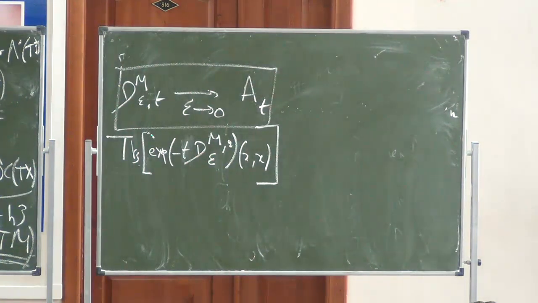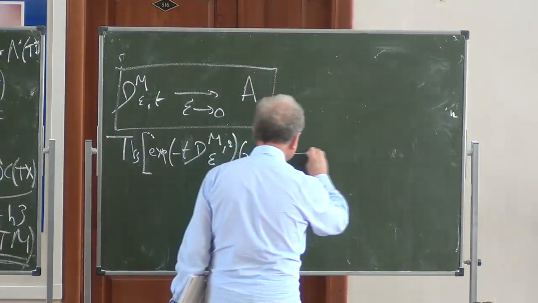In other words, it's the heat kernel of this operator, and I take its supertrace. And now I'm going to make t tend to 0 here.